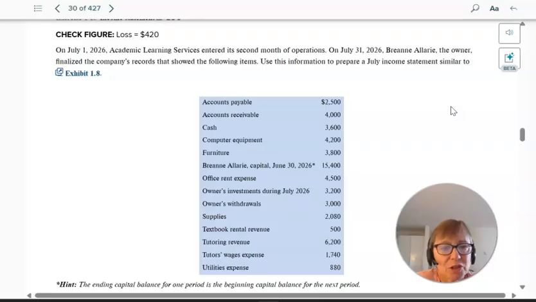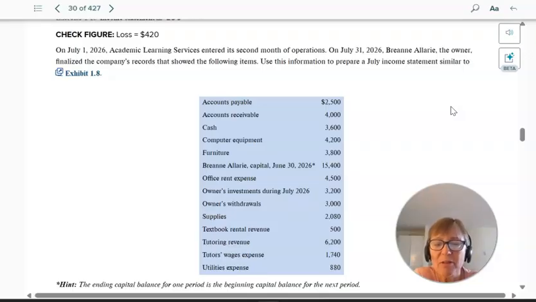On July 1st, Academic Learning Services entered its second month of operation. So it existed during the month of June. So on July 31st, we want to create the financial records. So we had an ending balance in capital.